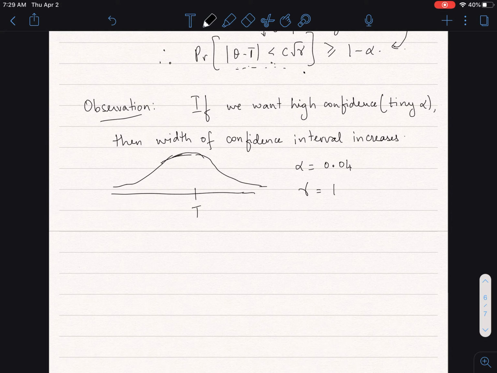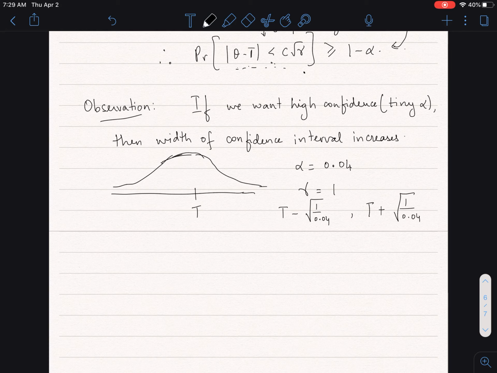And now if we look at t minus square root of alpha, which is like 0.2, that's why I chose this thing. t minus root of 1 by 0.04 and t plus root of 1 by 0.04.